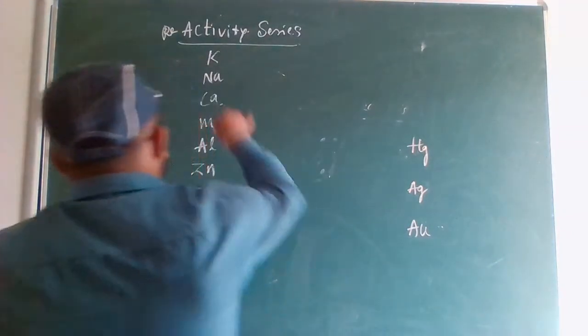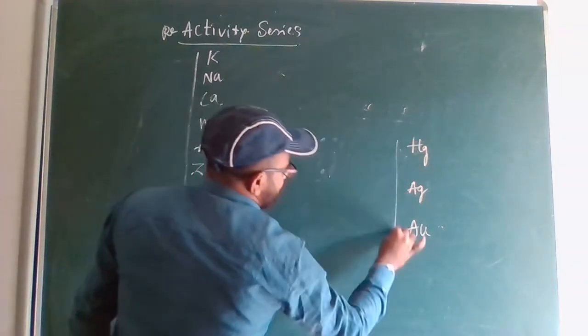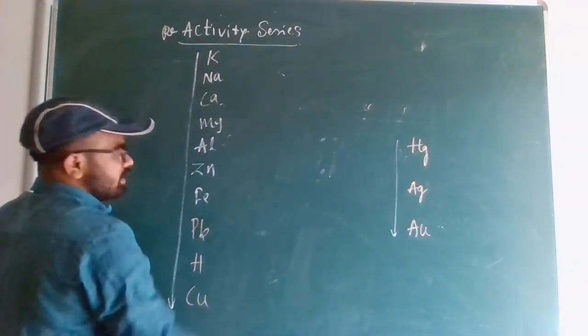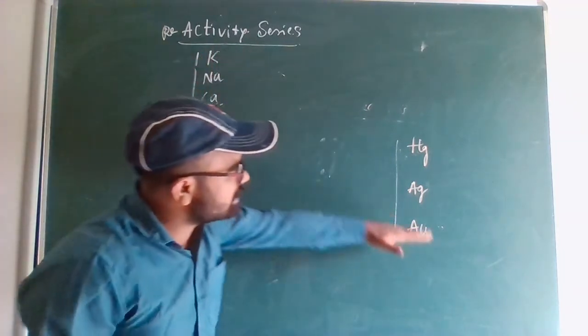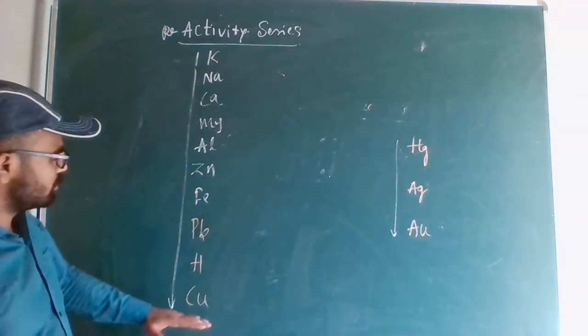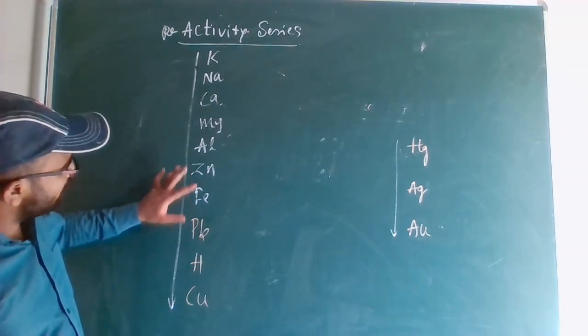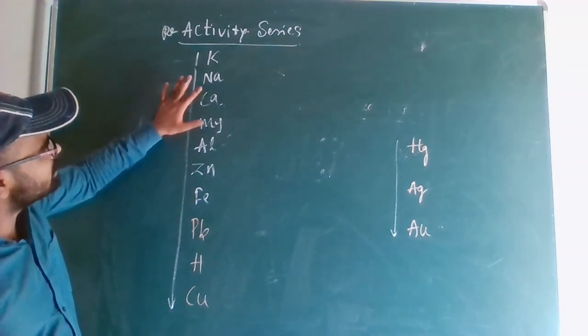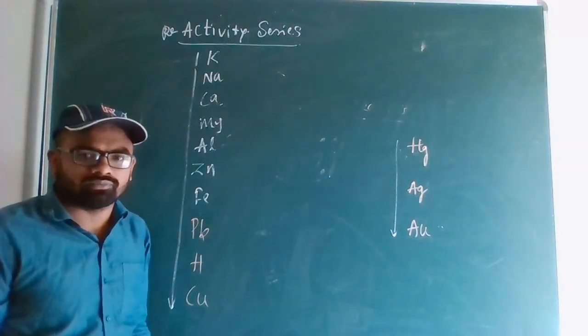So here the reactivity is decreasing. Potassium has high reactivity, gold has less reactivity. If you see, copper is at the bottom, so zinc, Fe, aluminium, Mg, Ca, Na all are at the top. That is why they all displace the copper.